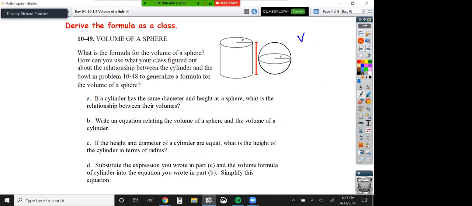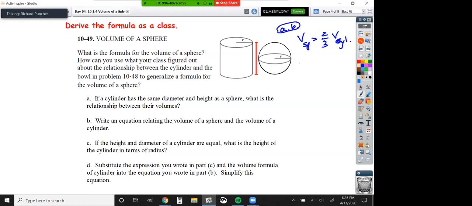We said the volume of a sphere is equal to 2/3 the volume of a cylinder. Part B, write an equation relating the volume of a sphere to the volume of a cylinder. Okay, so this is kind of A and B right here together. Here's A and B. Part C, actually, we need to take this and go one step further.